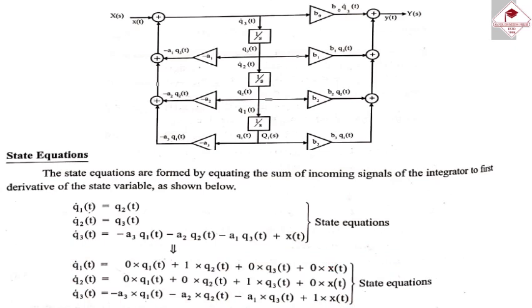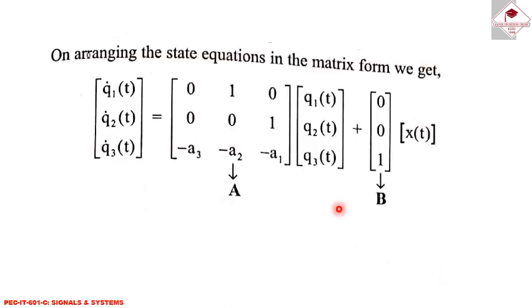From that state equation, we are going to write down the matrix formation. Here you can see the first part, q dot 1 of t, q dot 2 of t, q dot 3 of t.